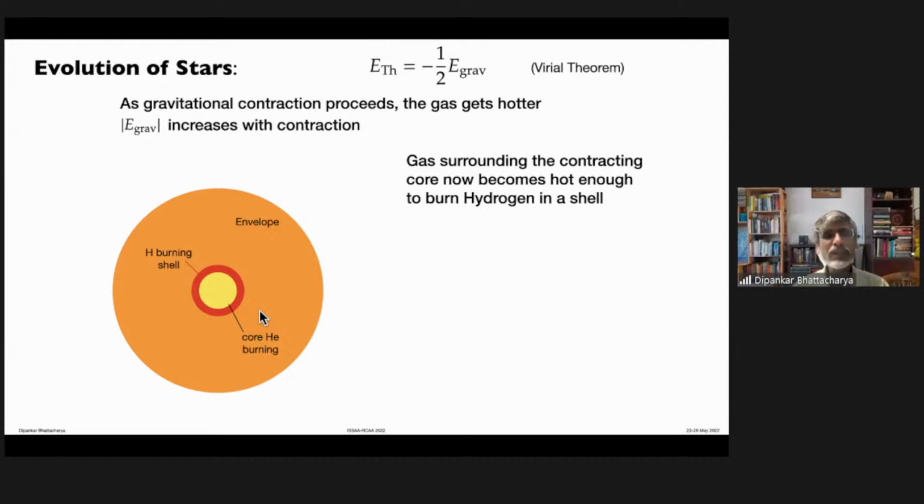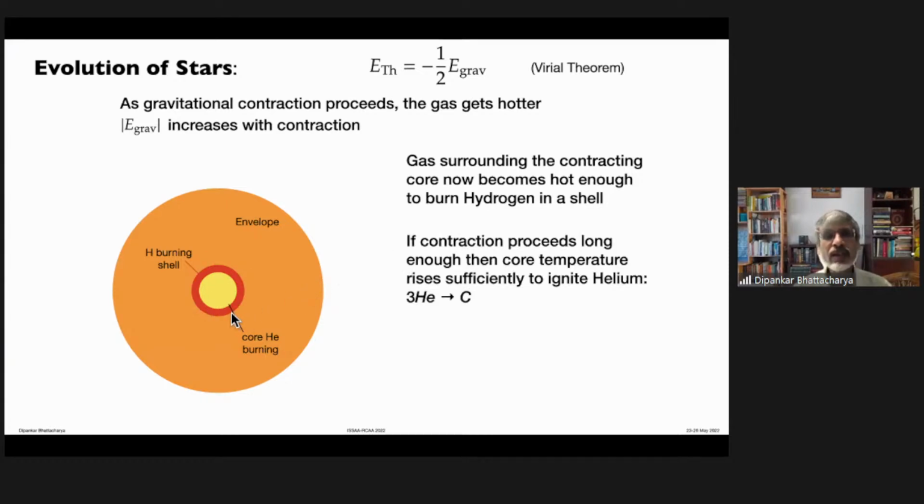So now you will have a situation where in the core there might be no nuclear fusion for a while, but just outside there is a shell burning of hydrogen going on. And then if the contraction proceeds long enough, the temperature of the core will keep going up and up. At some point, it might ignite helium to go through the next stage of nuclear fusion.